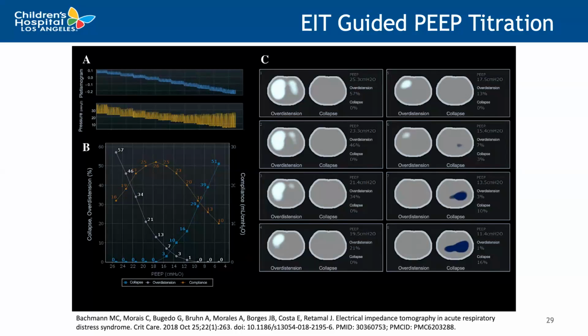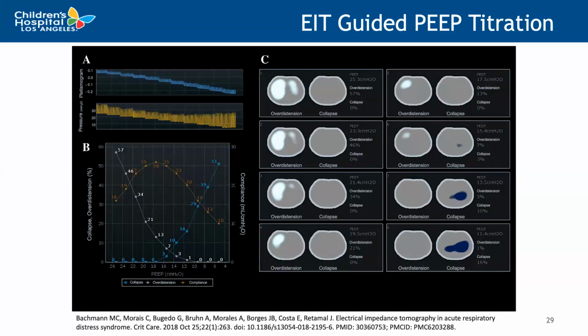This is to limit any confounding with tidal recruitment and lung hysteresis. During the inflation limbs, the patient may have reduced compliance, and as the patient is undergoing decremental steps, you may have some tidal recruitment and the phenomenon of lung hysteresis. And so it's important that you do this during decremental PEEP phases.